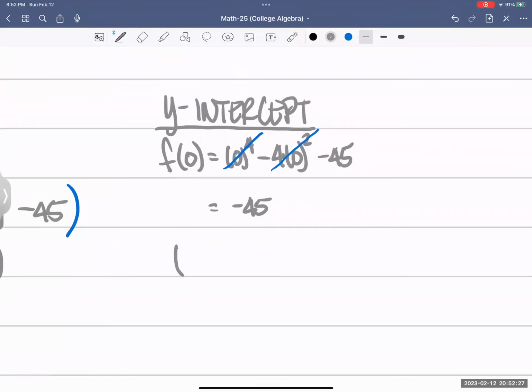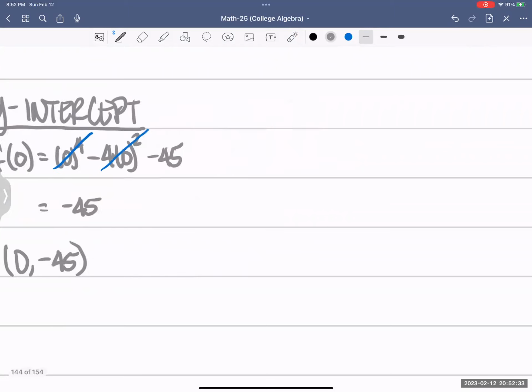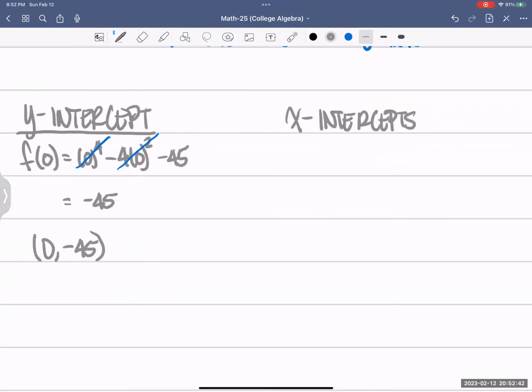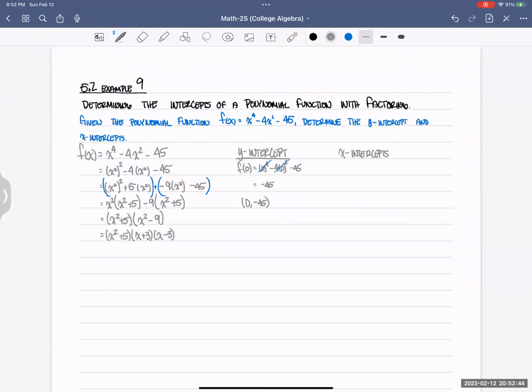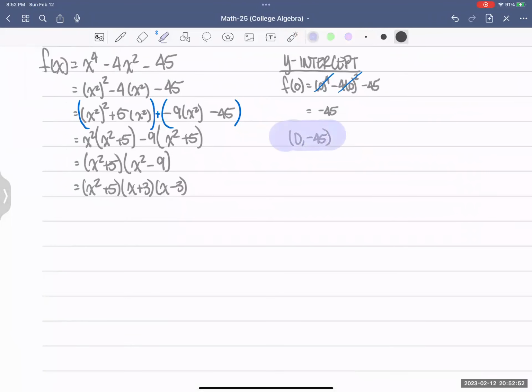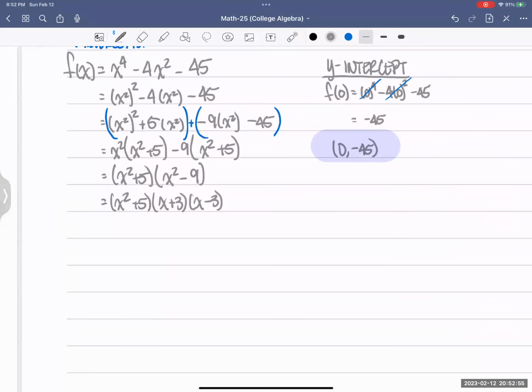This gives us the point where x is 0 and y is negative 45. That's our y-intercept, and now we can move on to our x-intercepts. We have room, so I'm going to do the x-intercepts down here.